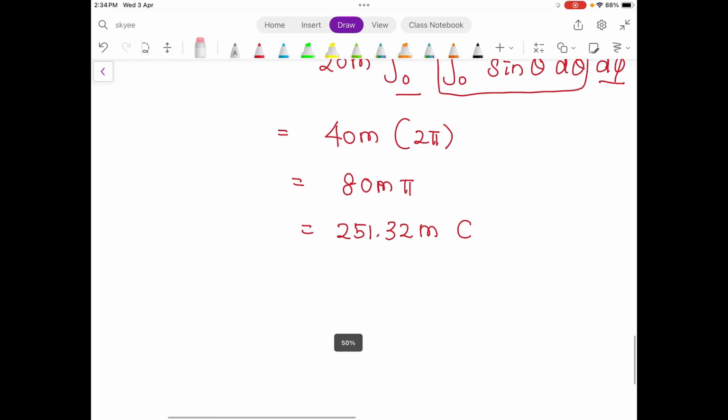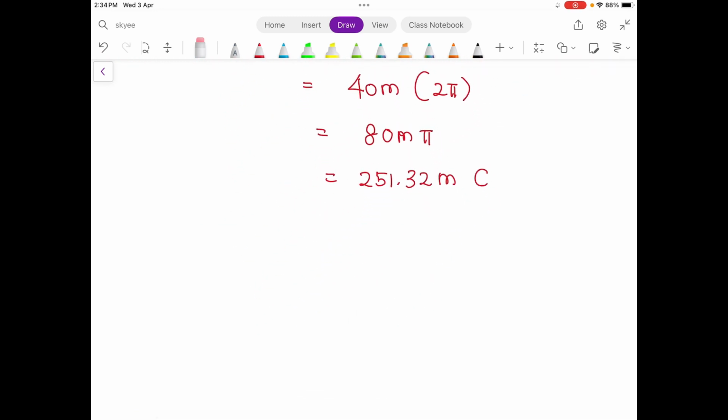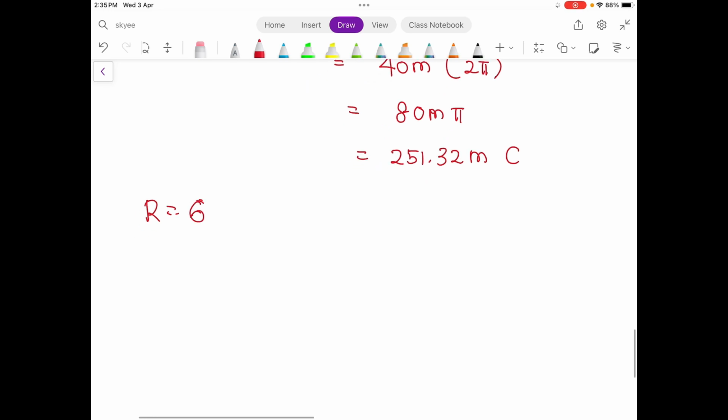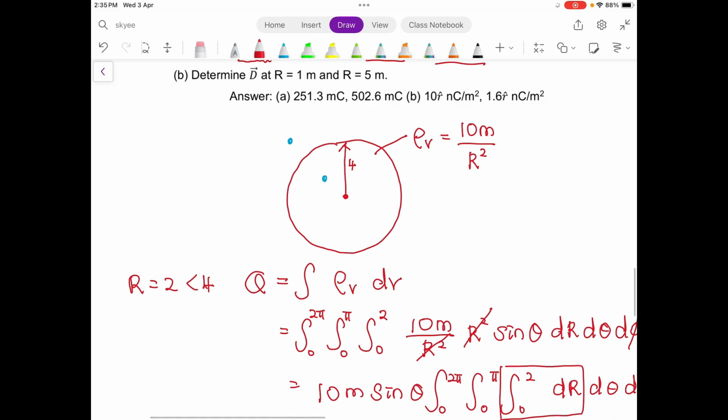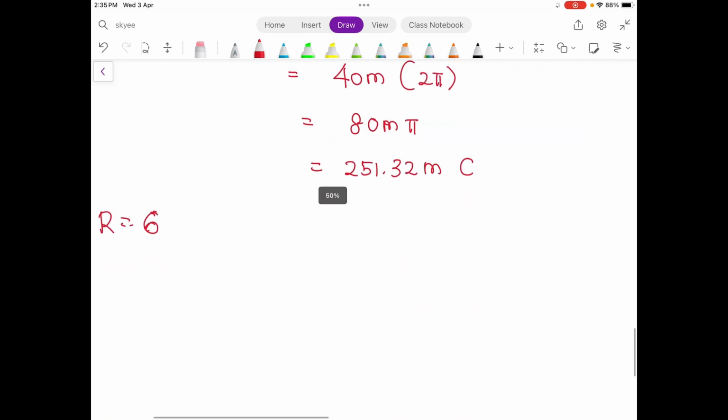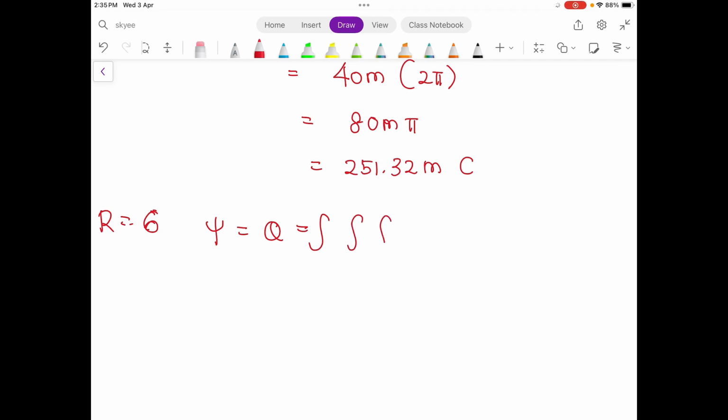Okay, when the R equals 6, what happened? Where is 6? 6 is outside, it's over here. So your flux is equal to the Q, which is equal to the triple integral.